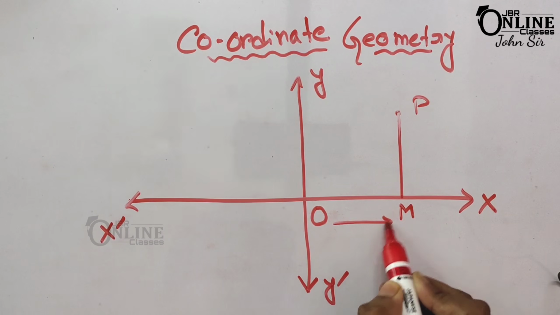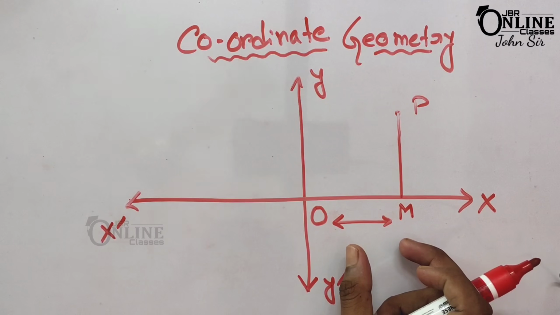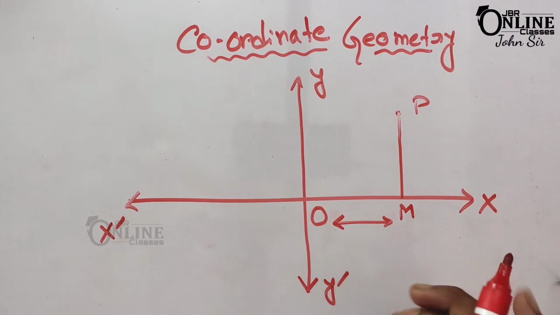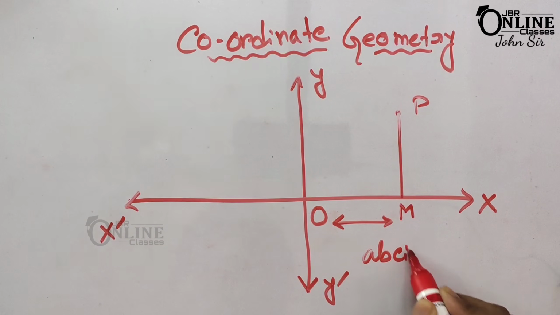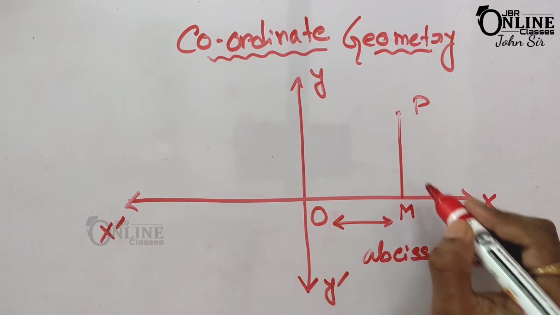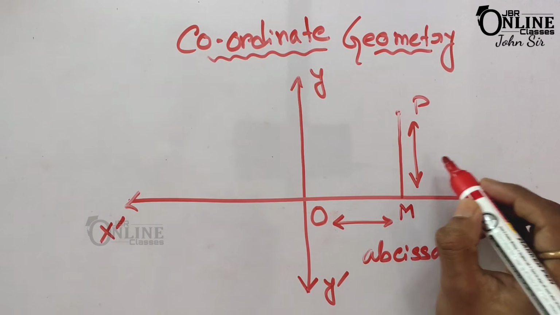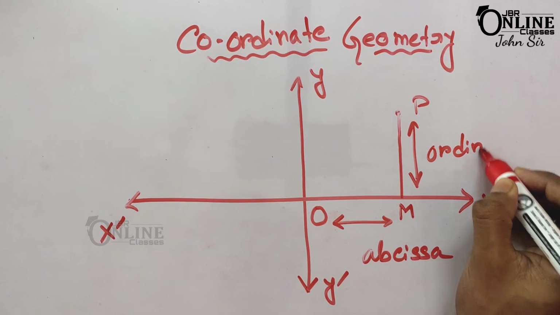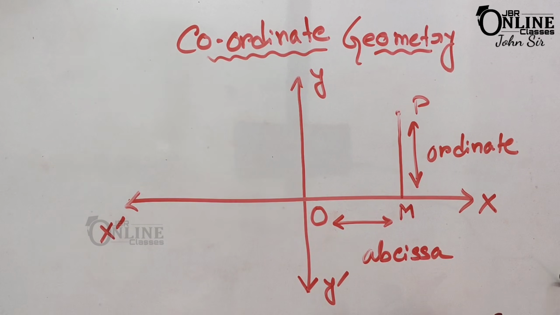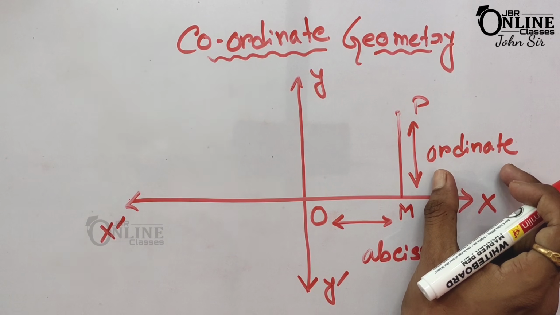Here OM is called the X coordinate, or another name for the X coordinate is abscissa. And MP is called the Y coordinate, or another name for the Y coordinate is ordinate. So the X coordinate is called abscissa and the Y coordinate is called ordinate.